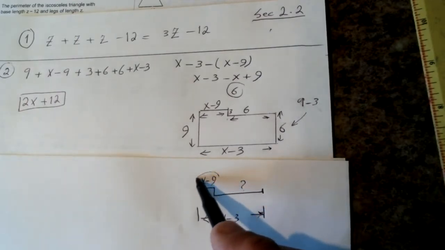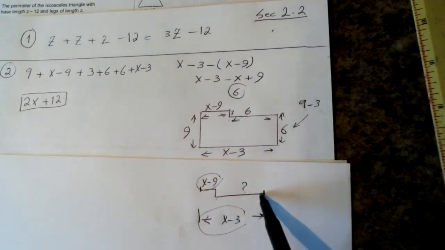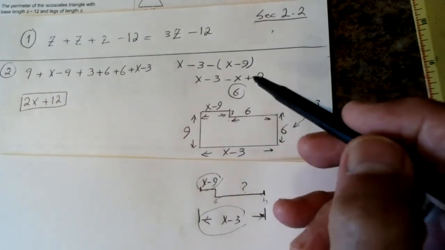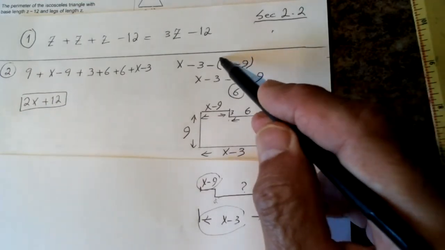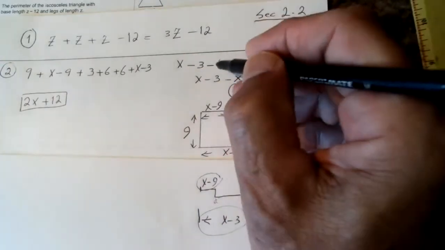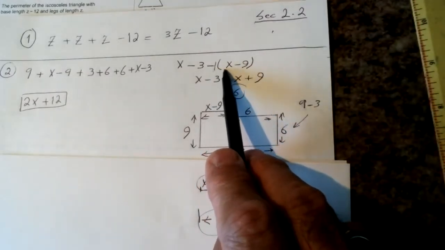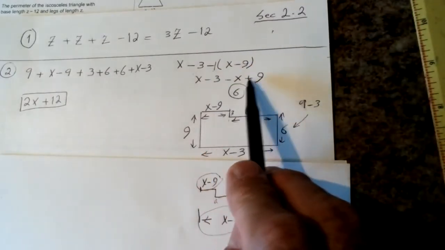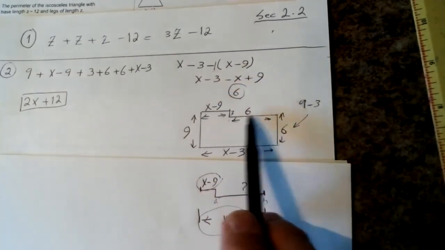That means you have to take this and subtract from that to find this piece, like AB. You've got to take x minus 9 and subtract it from x minus 3. And now, if I distribute negative 1 here, it would make it minus x plus 9, and the result is 6. That gives me the measurement from here to here.